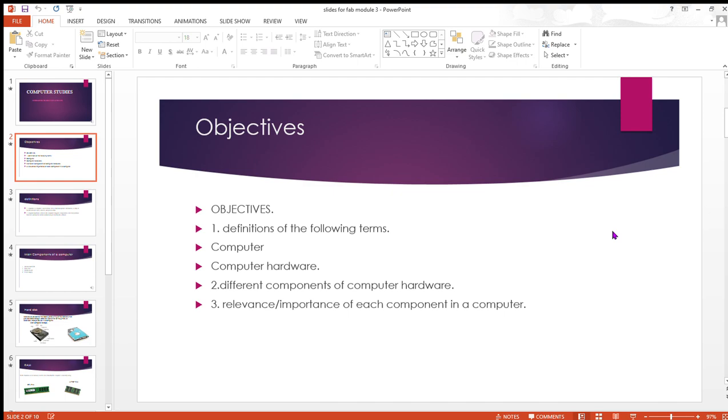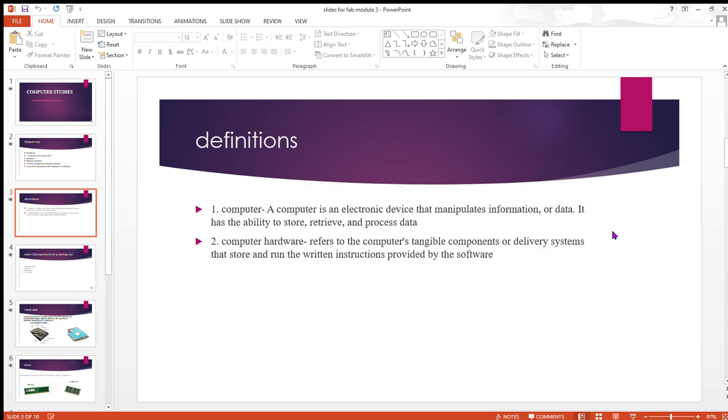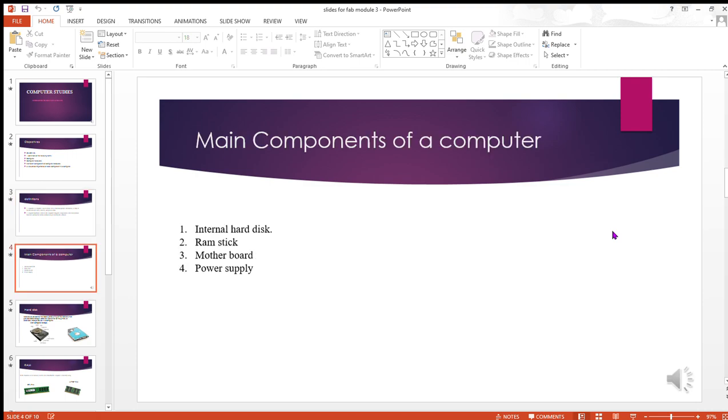Now, next, we are going to check the main components of the computer. We have so many components of a computer, but we have the main ones. These are the main components of a computer.